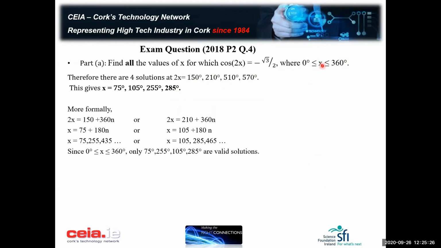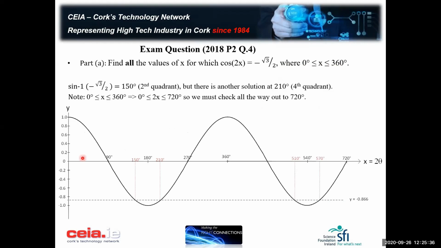But if x is between 0 and 360, then 2x is between 0 and 720. So you only need to look at the solutions between 0 and 720. Those are their 4 valid solutions: 150, 210, 510, 570.